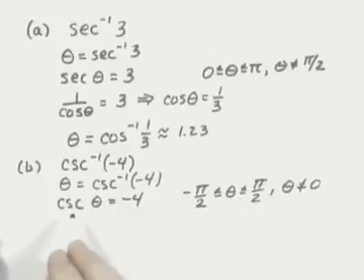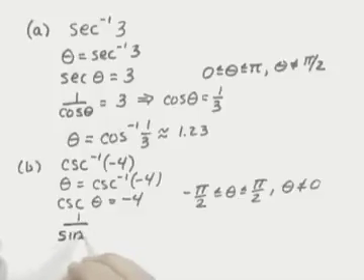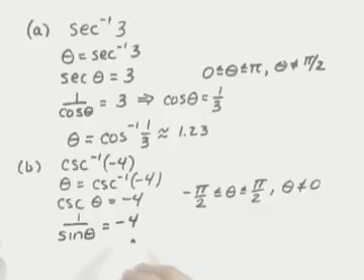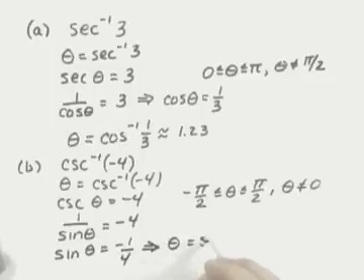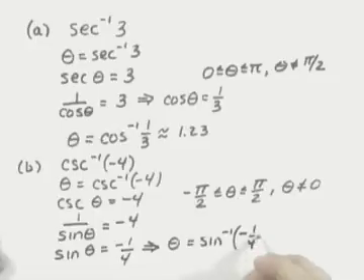And it's easy to convert cosecant to sine because 1 over sine of theta is the cosecant. So 1 over sine of theta equals -4, which means that the sine of theta is -1/4. Therefore, we're going to say that theta is the inverse sine of -1/4.